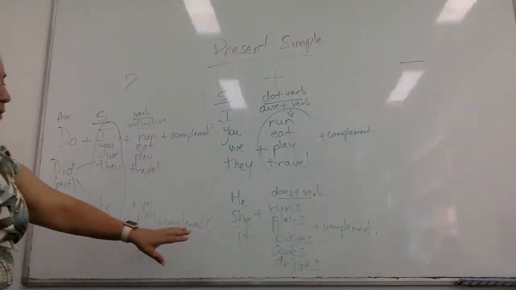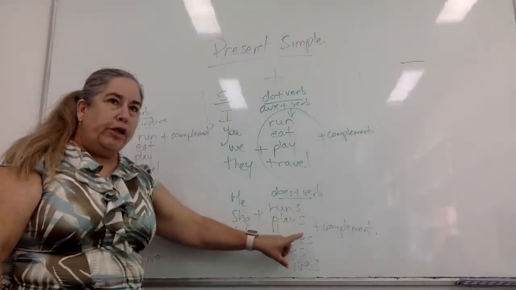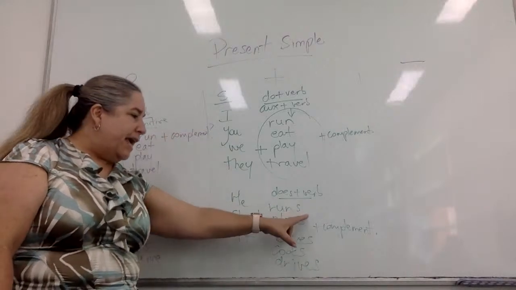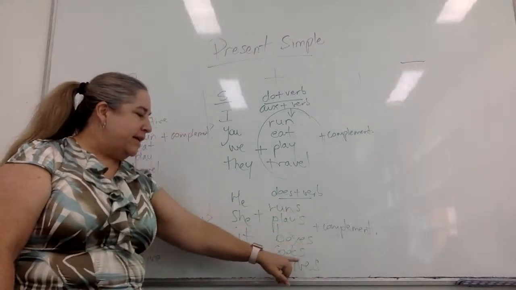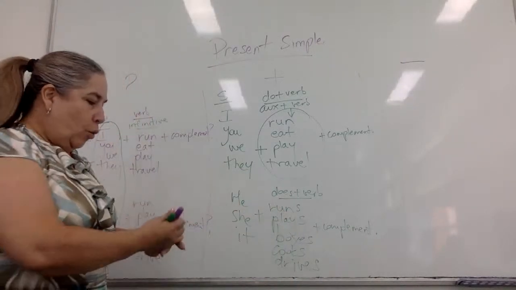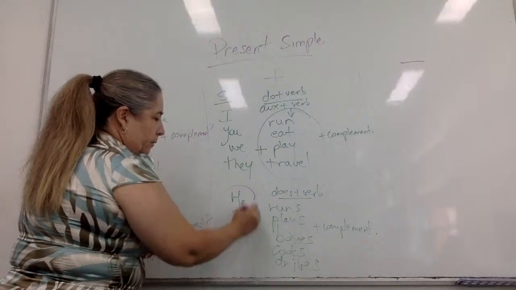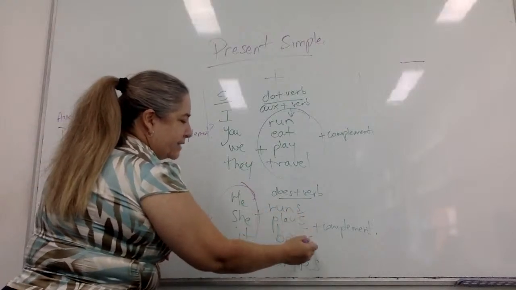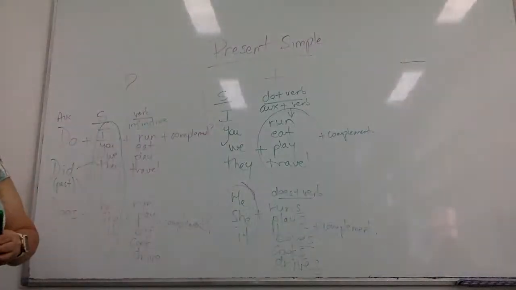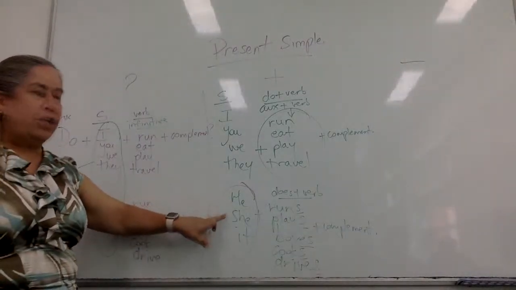Okay? So you see, Danny, only in the affirmative do I use the S, ES, and IES, only with these people. So here we have the S, ES, S, and S. So only with he, she, and it.